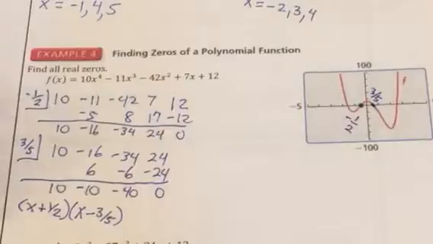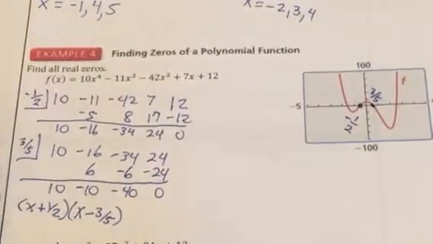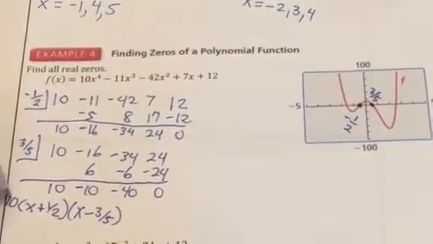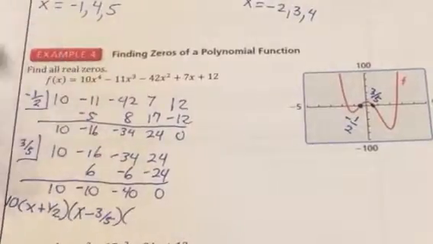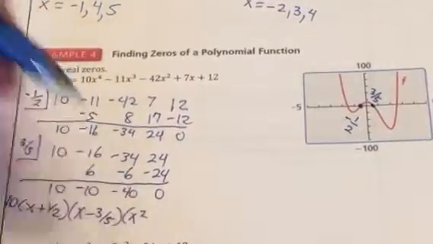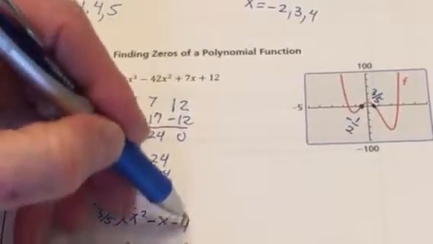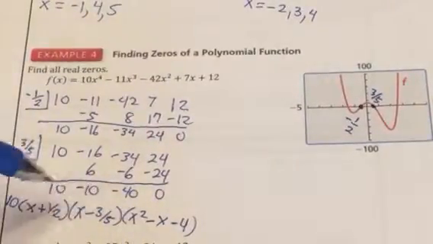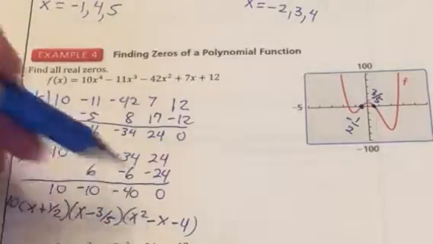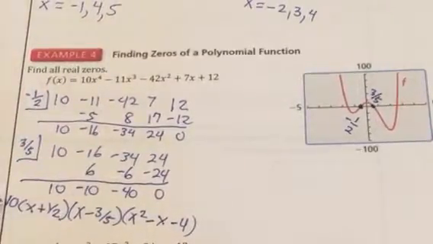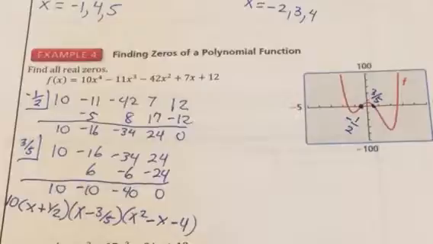Those all have a common factor of 10, so I'm going to write that out here, 10. And then over here, I'm going to put x squared minus x minus 4. So my 10 times x squared is the 10x squared, 10 times negative x, negative 10x, and 10 times negative 4 is the negative 40.